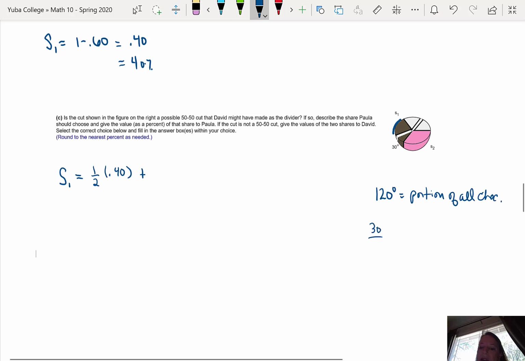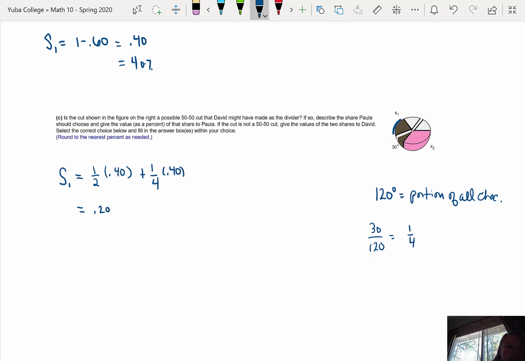So 30 divided by 120, this is going to give me 1/4. So this would be 1/4 of the weight of all of the chocolate, which for him was worth 40%. So this is equal to 0.20 plus 0.10.